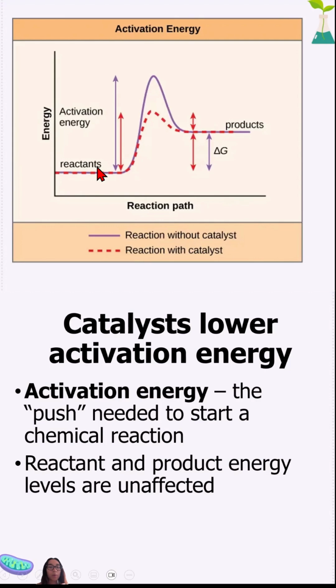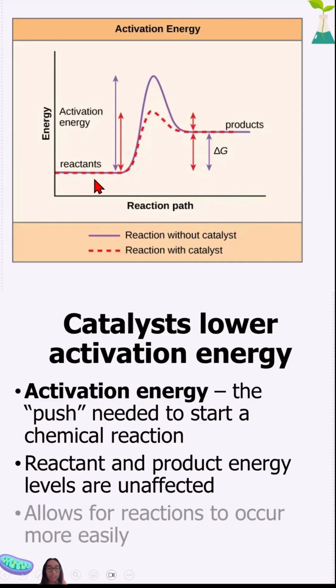Now, what's important about catalysts is that they don't affect the beginning and end of a reaction. The reactants and the products are unaffected. The reaction will go the same way. For example, again, if I start a fire using twigs and a rock, I still get a fire at the end. If I start a fire using a match, I still get a fire at the end, right? So the end result and the beginning are unaffected.